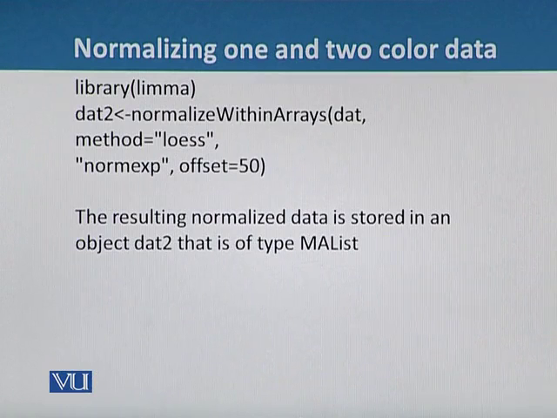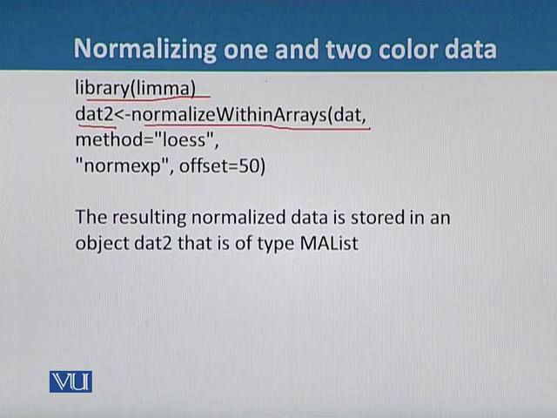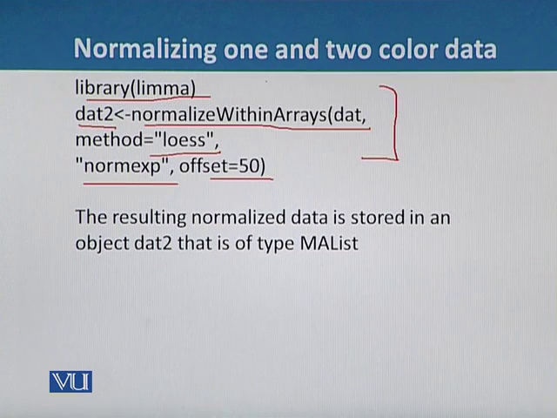Here you can see we use the library limma, then we use the data, and because in the dye bias we have to use normalizeWithinArrays, we then use the method that is the loess method, and we can use this loess method in conjunction with the norm_xp and with the offset value of 50. So the resulting normalized data is stored in an object data2 that is of type MAList.